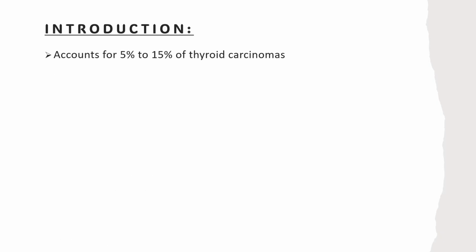We had discussed in previous videos of thyroid carcinoma that follicular thyroid carcinoma accounts for 5 to 15% of total thyroid carcinoma cases, and this is most common in women, and the ratio of affected women to affected men is 3 to 1.